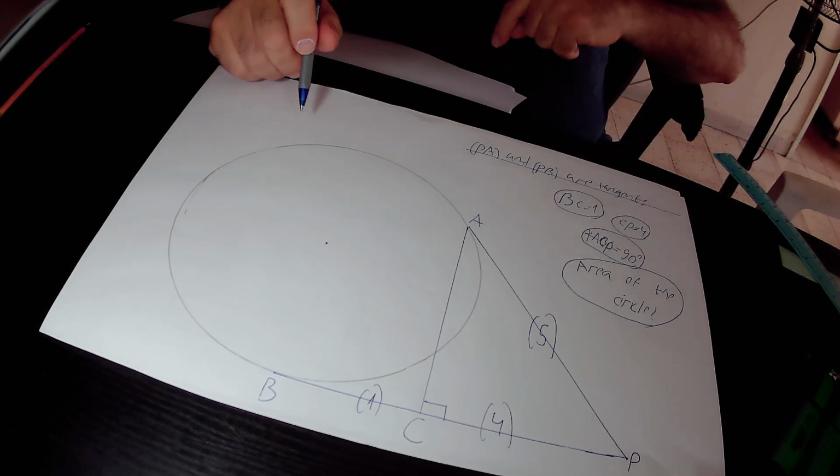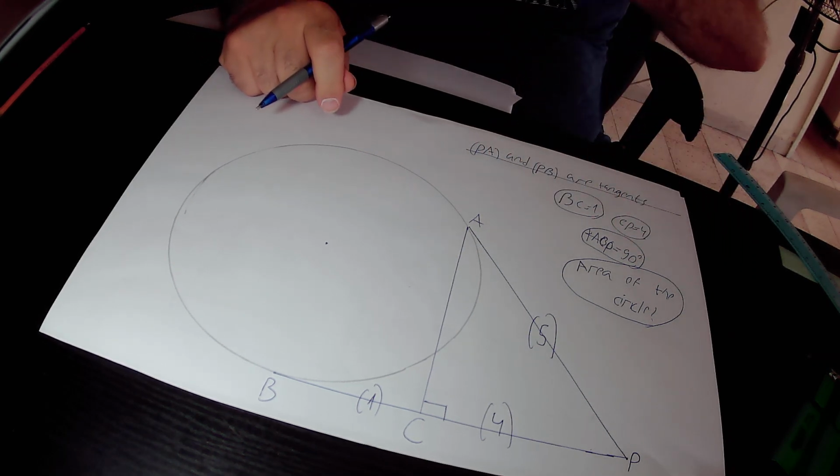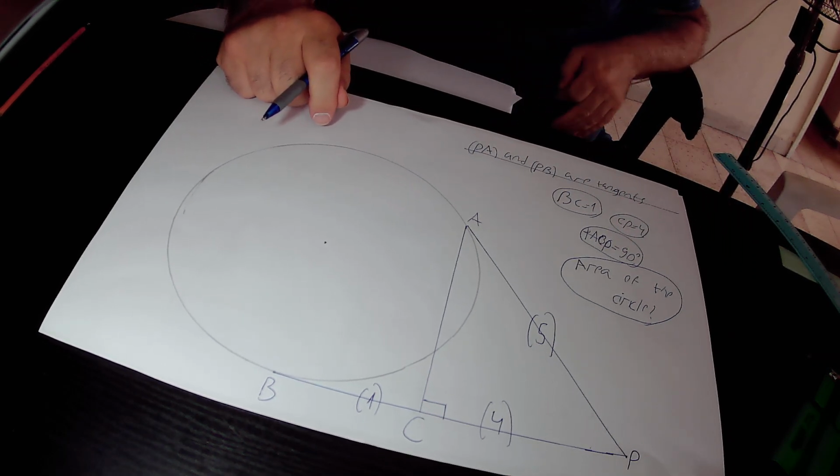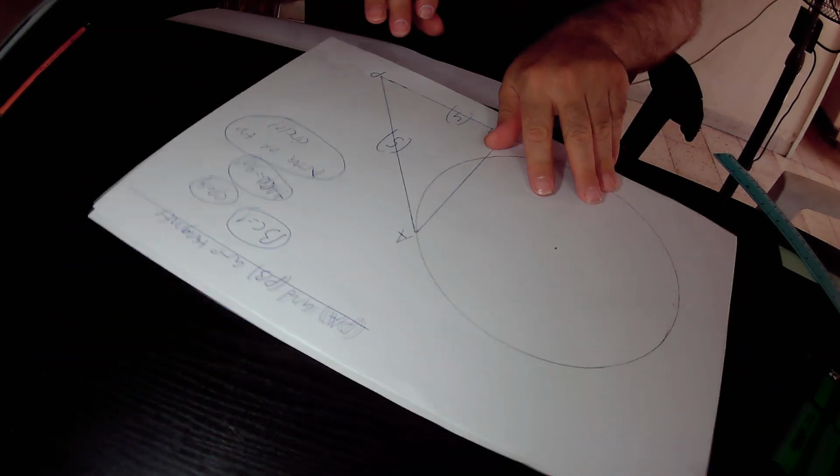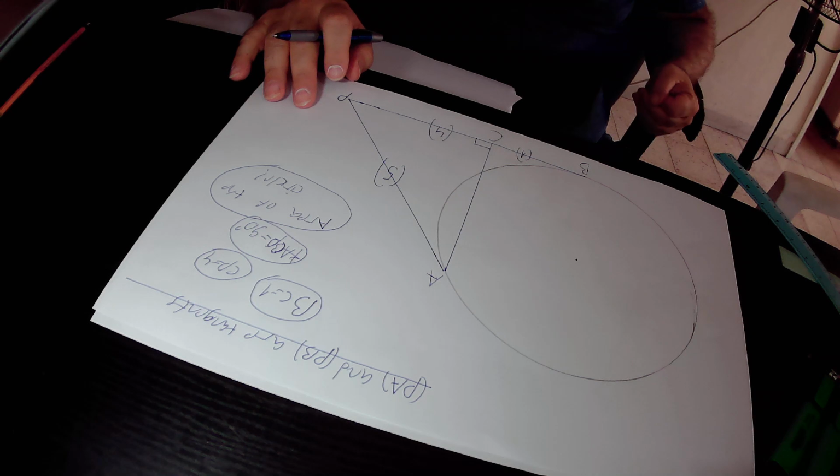In the next step, I'll copy the right triangle ACP in a new page, and we'll implement the Pythagoras theorem on this right triangle, triangle ACP. According to the Pythagoras theorem, in any right triangle, the square of the hypotenuse is equal to the sum of the squares of the perpendiculars.